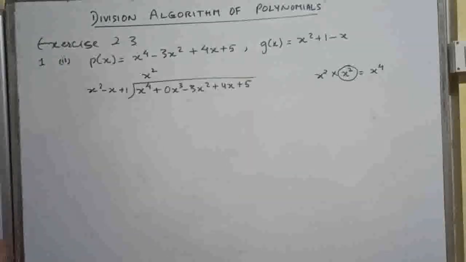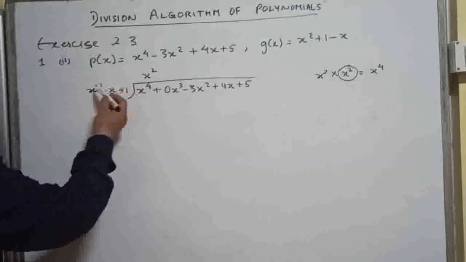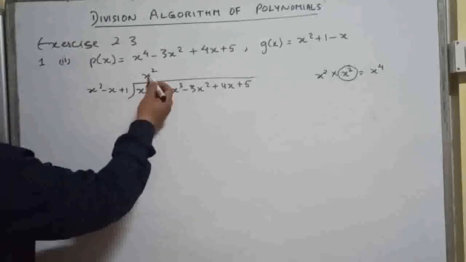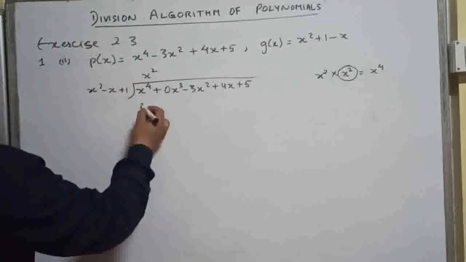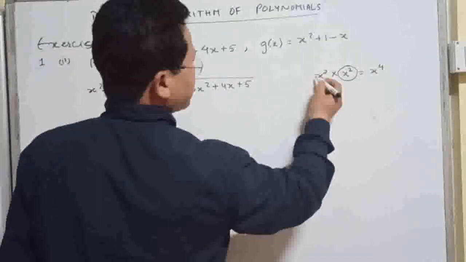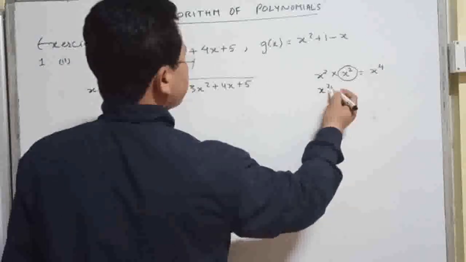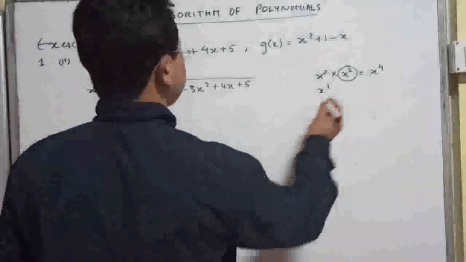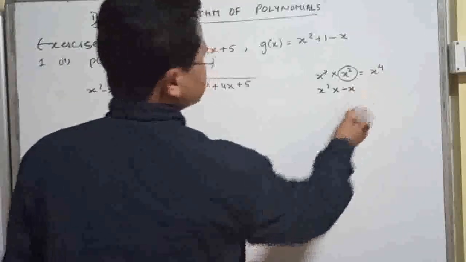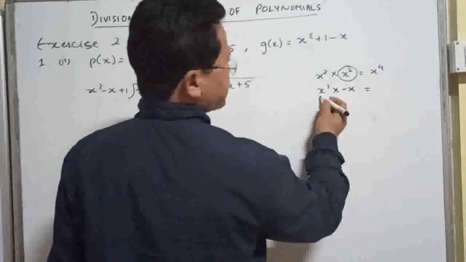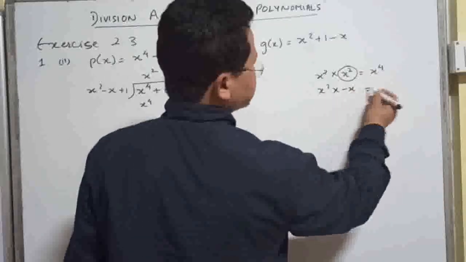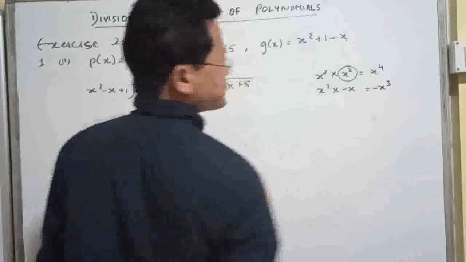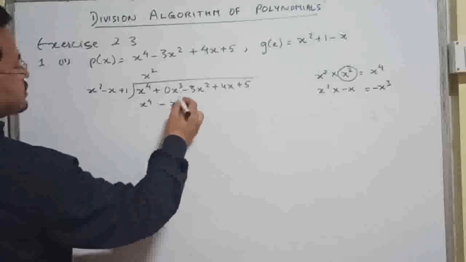Again, like in the example, this cannot just multiply the first term, it has to multiply the second and the third term. So when we multiply it with the first term, we get x power 4, and when we multiply x square into minus x, we get minus x cube.